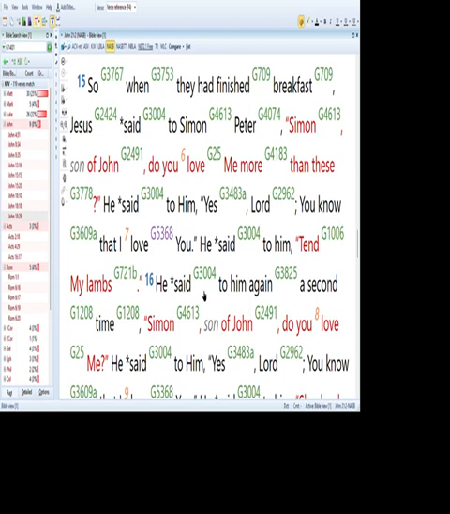But anyway, when he says, you know that I phileo you, what he's actually claiming is that the kind of love I have for you is more highly developed than the agape kind, because the more highly developed love is where you're linked together so that you're bound together emotionally. Value is different than being bound emotionally. They both include value, but you can have an agape for something or somebody that's not heavily attached to your emotional well-being.